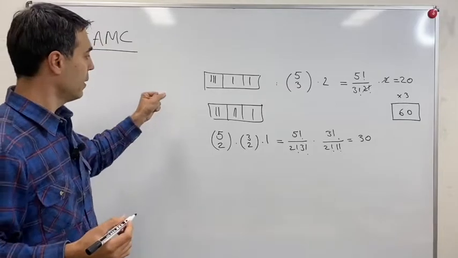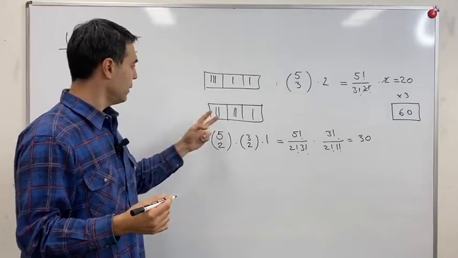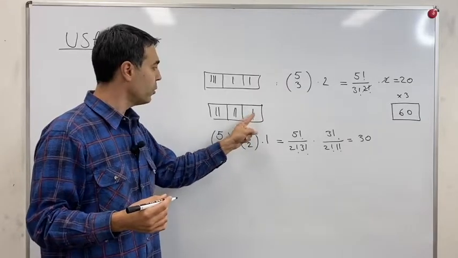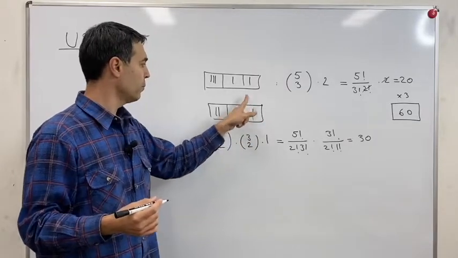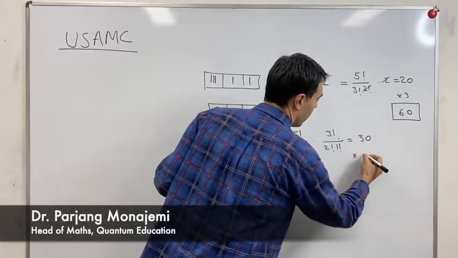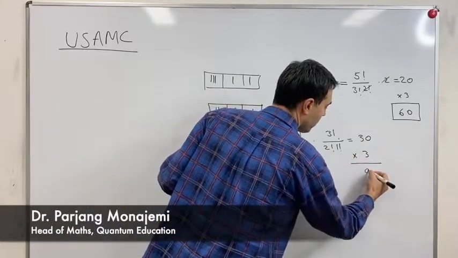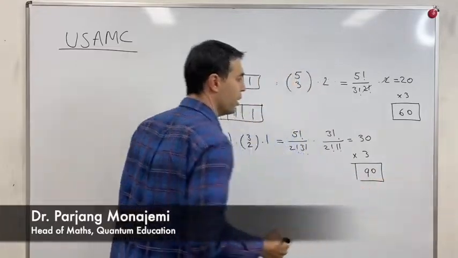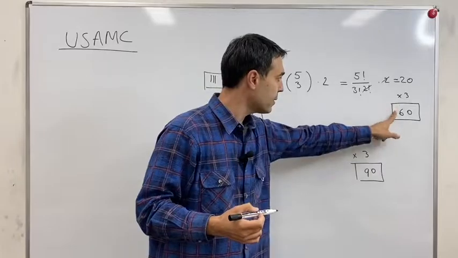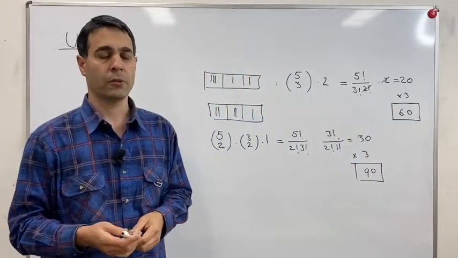Now again, in how many ways? Let's not think of these 2. Let's just think of this. The one who gets 1 candy could be the last one, the middle one, or the first one. So again, at the end, we have to multiply this by 3, which gives us 90. That gives us 90 ways and 60 ways, in total 150 ways.